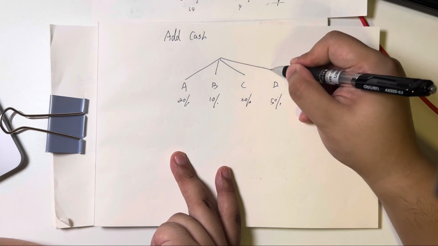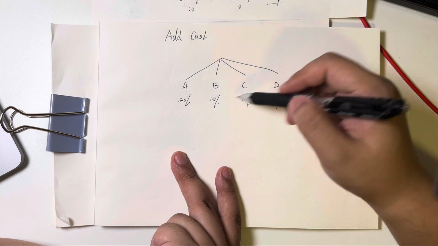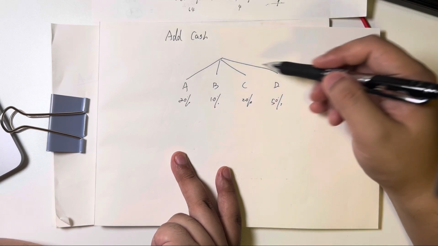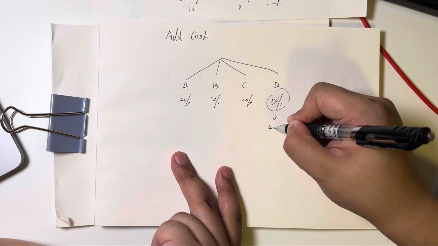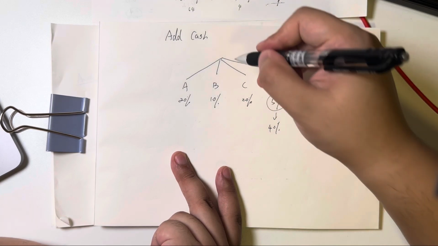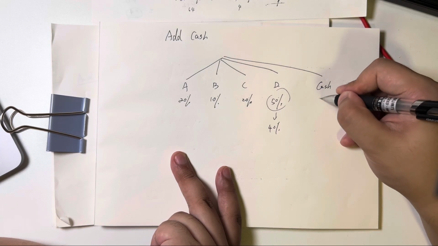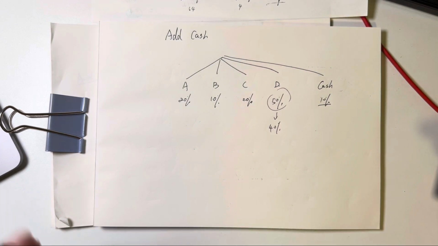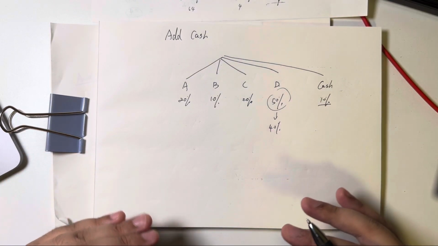All right. So if you invest more in cash, which means that you're going to change the investment in these 4 assets. So for example, you change that to say 40%, then you invest more into a new asset called cash.